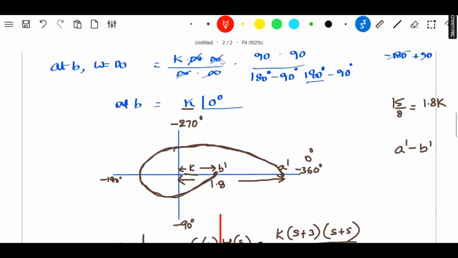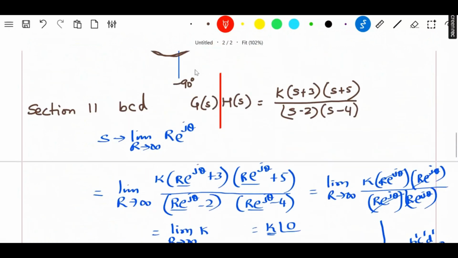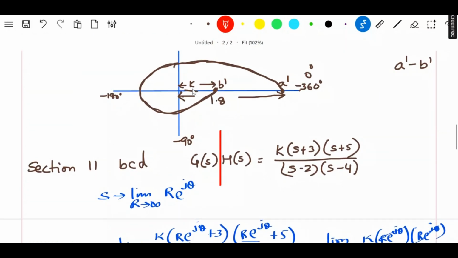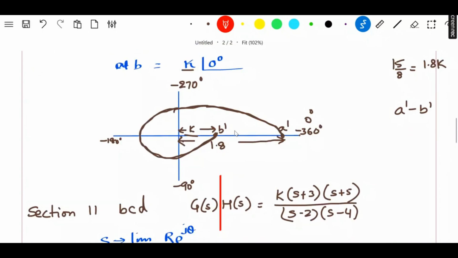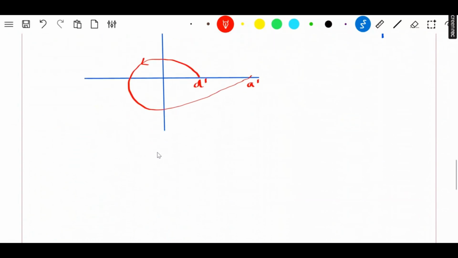So this was the path which we wrote mirror for this path. Now this is your D dash, this is the A dash, and the direction is from D dash to A dash. And we took from A dash to B dash, so this path will go in this direction, and this path will go in this direction.